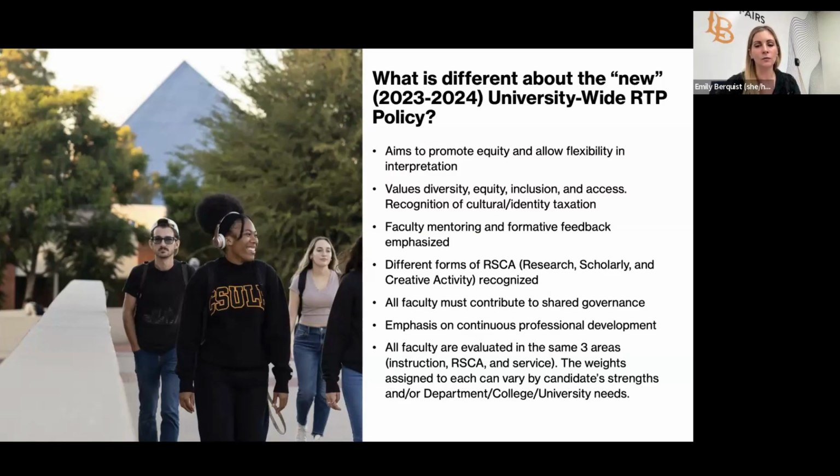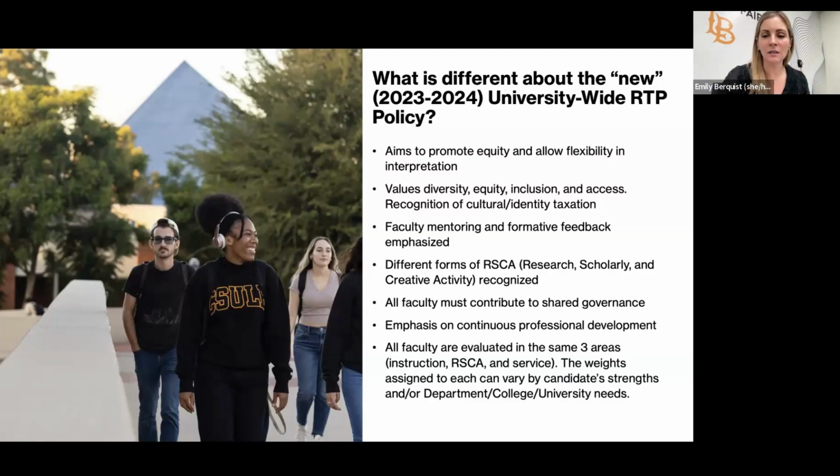And finally, as a reminder, and this is really no different from our prior policy, it's just outlined more clearly now, that all faculty are evaluated in the same 3 areas, of course, right? Our instruction, or teaching, our RISCA or research, and our service. However, we want to make clear now that the weights assigned to each can vary by the candidate's strengths and or the department, college, or university needs.